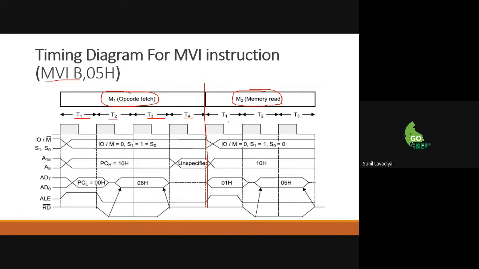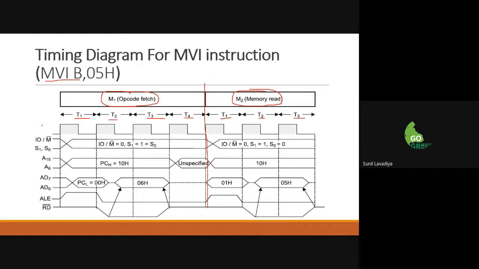For the memory part, again 3 T states are required, T1, T2 and T3. After identifying the opcode fetch and memory part, what is the name of the first one, the cycle that we have drawn?